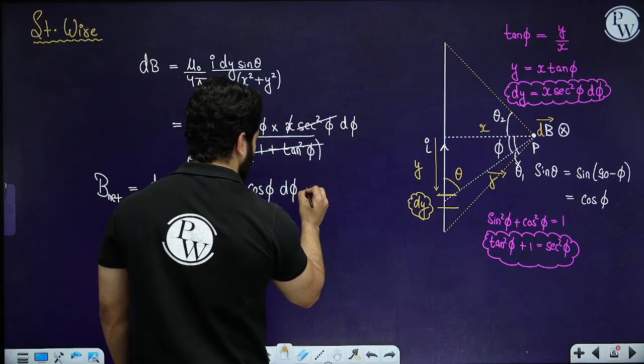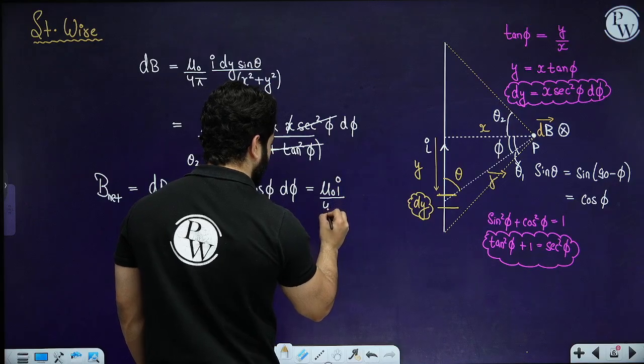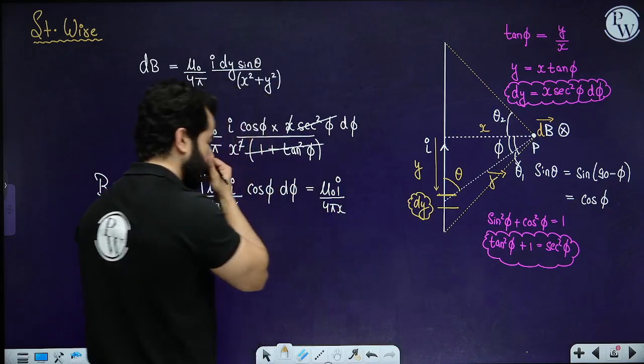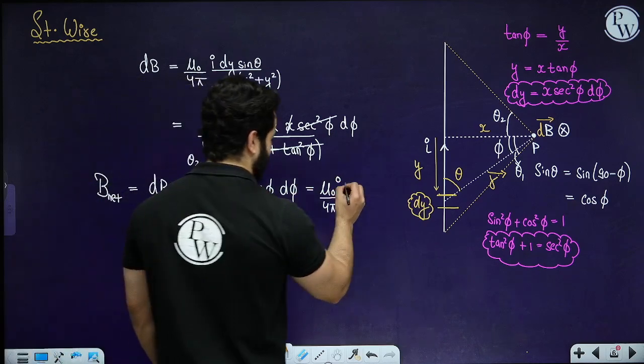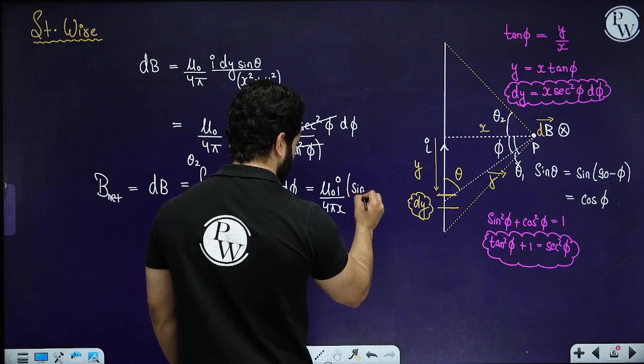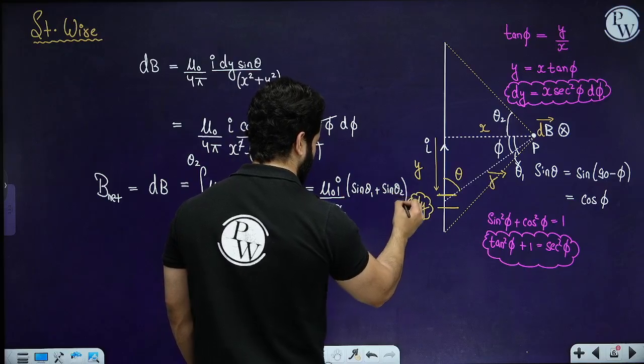So this will actually become mu naught I upon 4 pi x, and integration of cos is actually sine. So this will become sine theta 1 plus sine theta 2. Now please hear me out carefully.